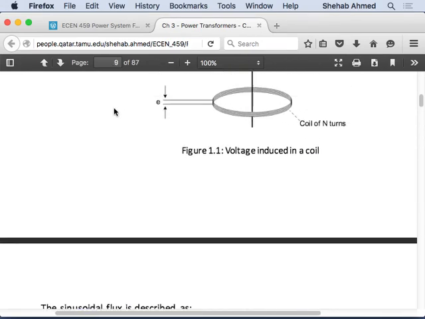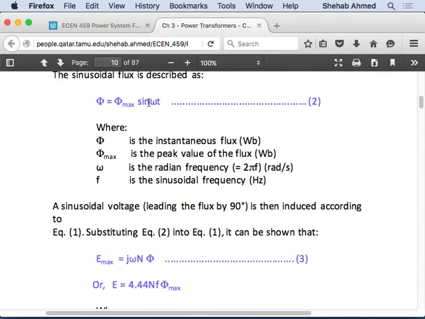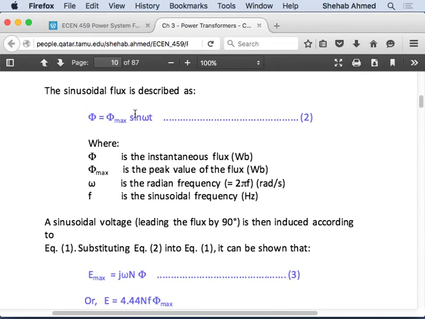Multiplied by N as well, if I'm looking at voltage. The differentiation of the flux will be a cosine wave multiplied by N multiplied by omega. Is it going to be leading or lagging? If this is a sine, the differentiation is a cosine. Cosine will be leading by 90 degrees, right?